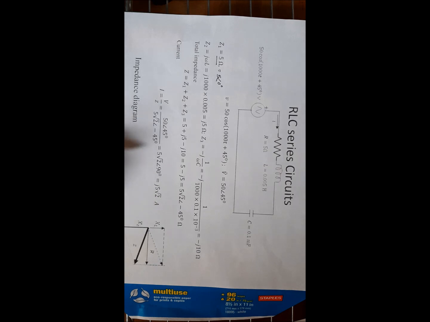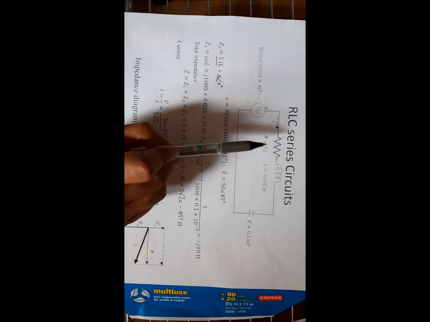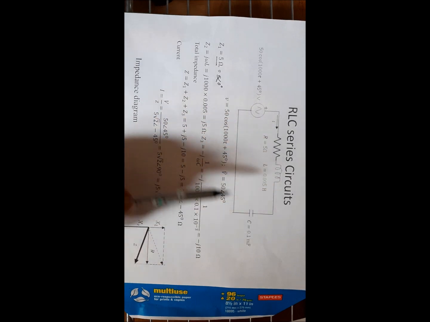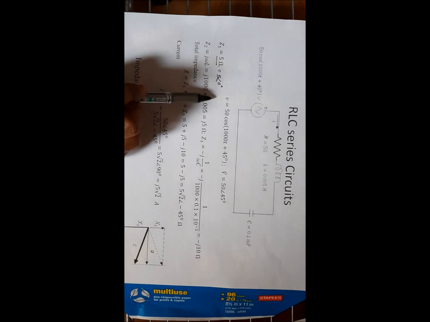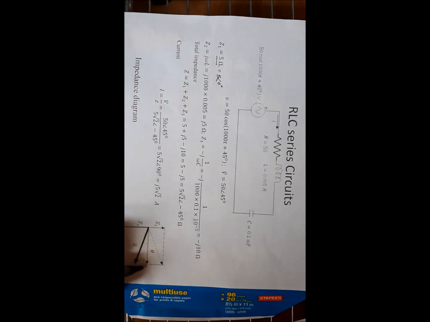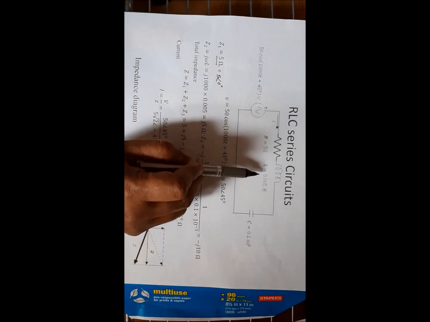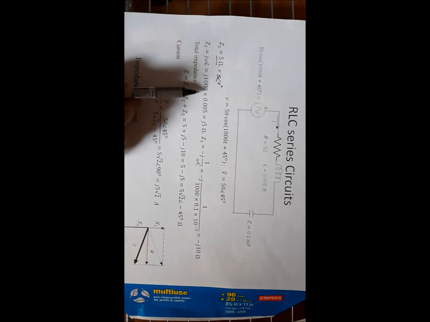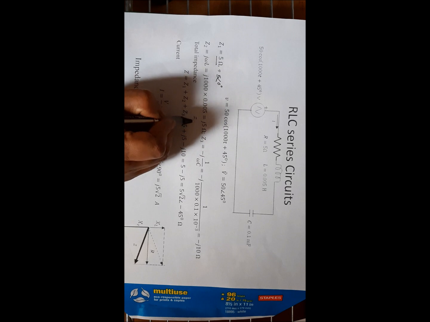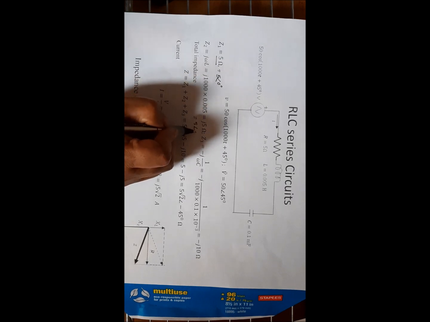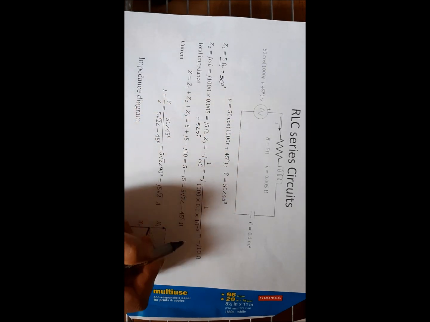Now the impedance diagram basically shows the impedances in this circuit. Here R is 5 with angle 0 degrees, so I draw R this way. Then XL is j5, equivalent to 5 angle 90 degrees, and XC is equivalent to 10 angle negative 90 degrees.